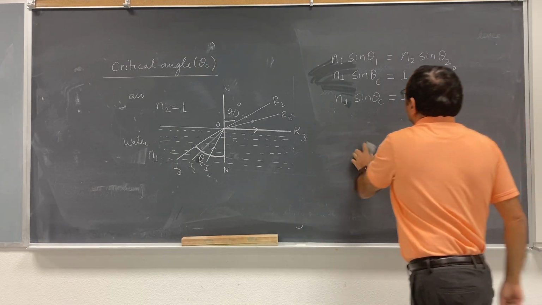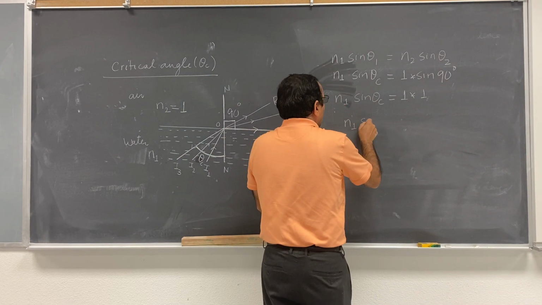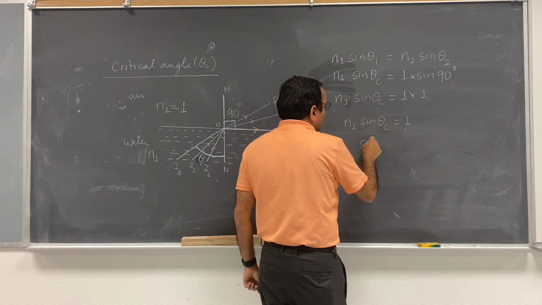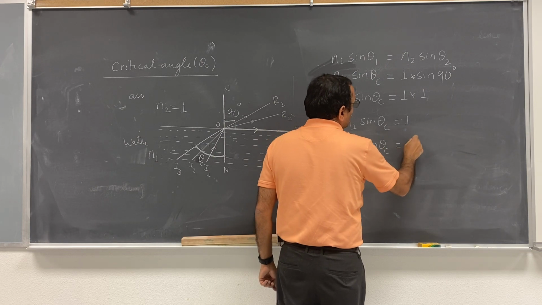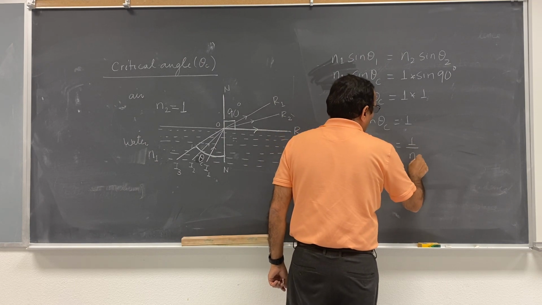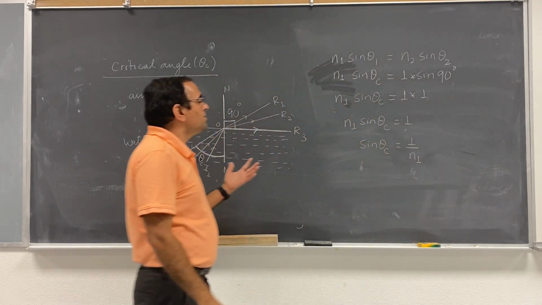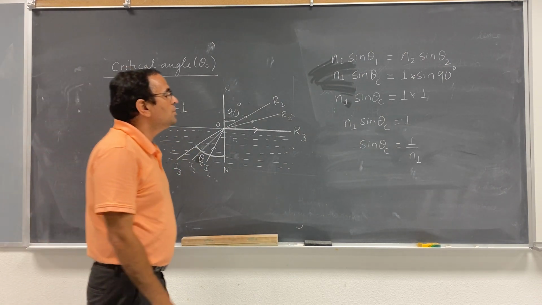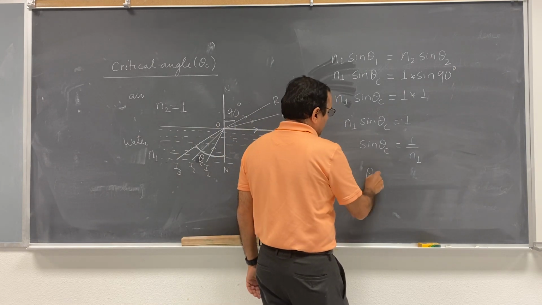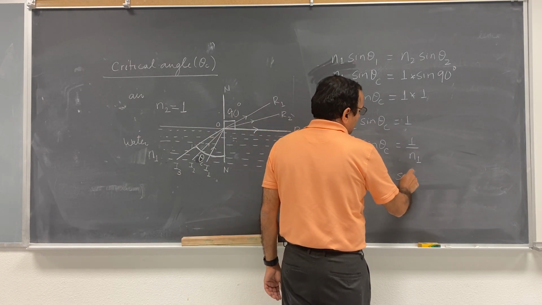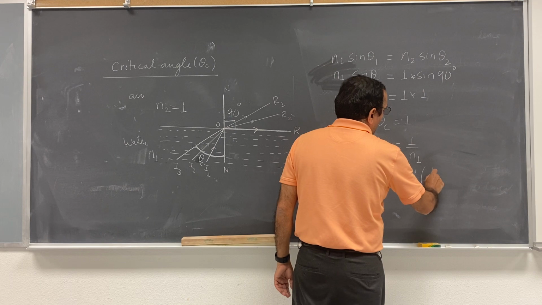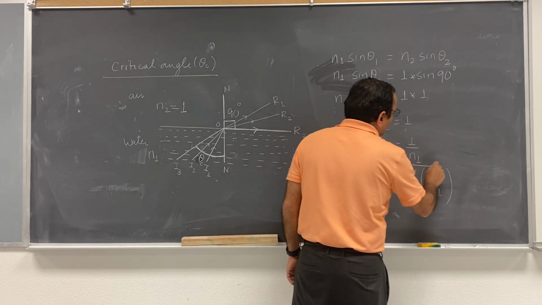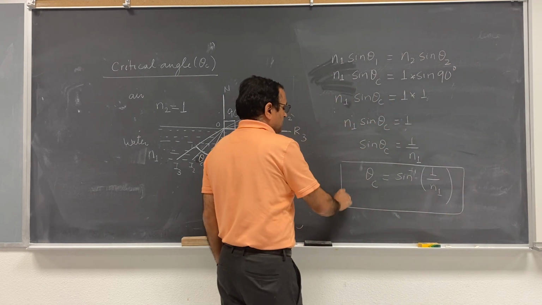So N1 sine theta c equals 1, and sine theta c is 1 over N1. N1 is the index of refraction of the optically thick medium, water in this case. So to calculate the critical angle, theta c is sine inverse 1 over N1. This is the formula to calculate the critical angle.